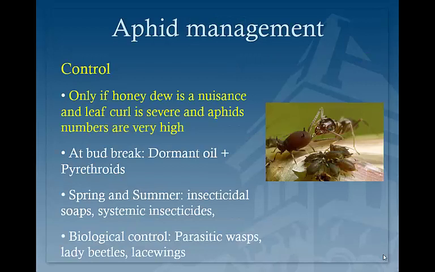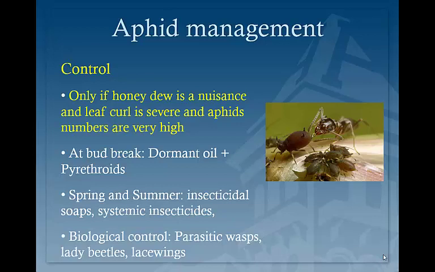For management, if the honeydew is really a major nuisance, and also you have this leaf curl that's pretty severe, you'll want to consider some type of management. At bud break, dormant oils can work here with pyrethroids. That helps to at least suffocate some of those egg stages, even some of the aphids that are within that plant or on that plant.